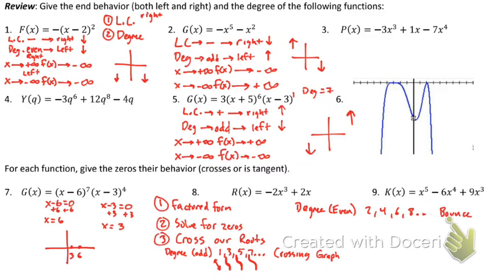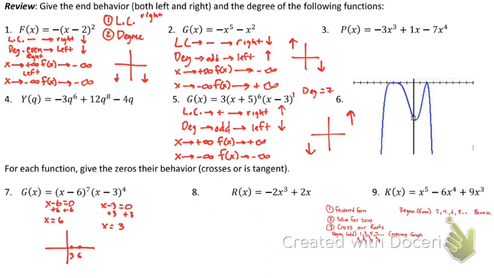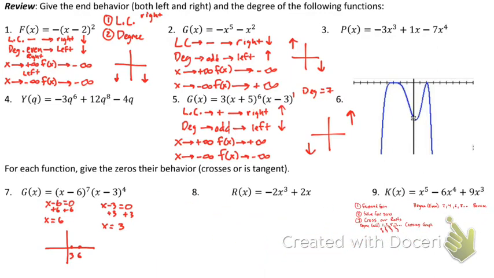So if we were doing number 8, I want to do number 8 for you, but I'm going to move the rules off to the side so I can have some room to work. In order to do this, I first want to put it in factor form.